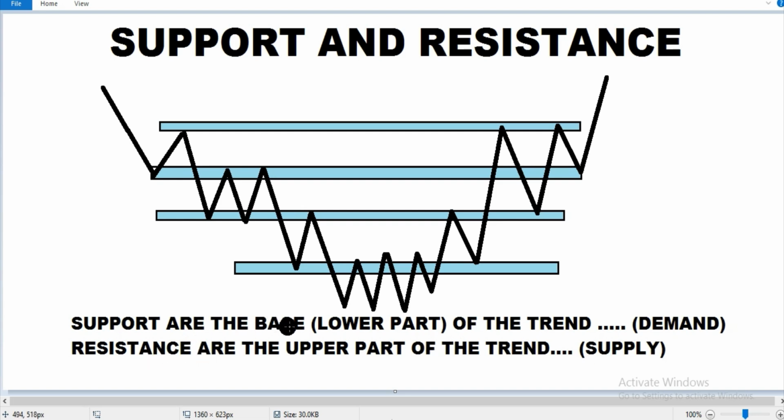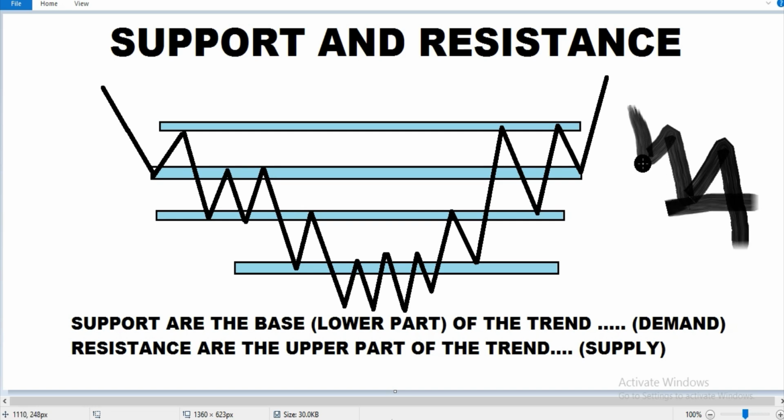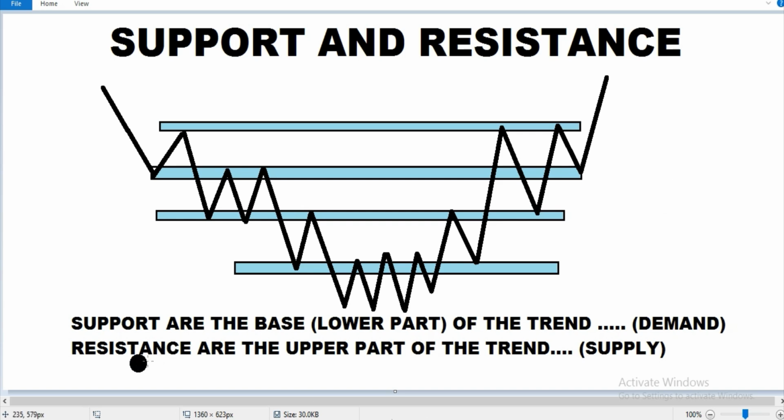Support are the base, the lower part of the trend, which are in a bearish trend like this. Your lows here are what we know to be the support. And resistance are the upper part of the trend.